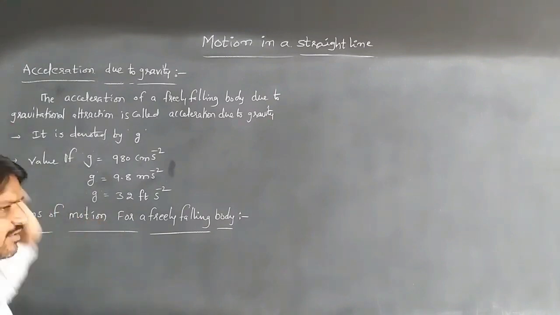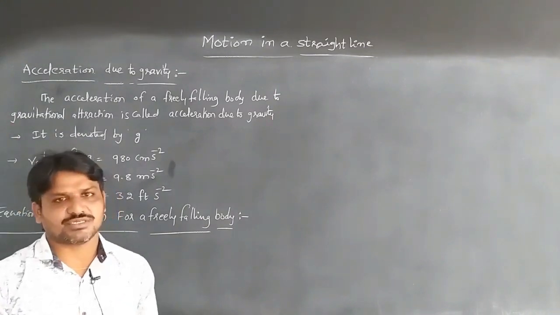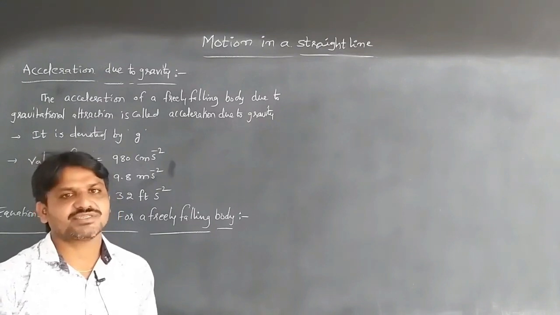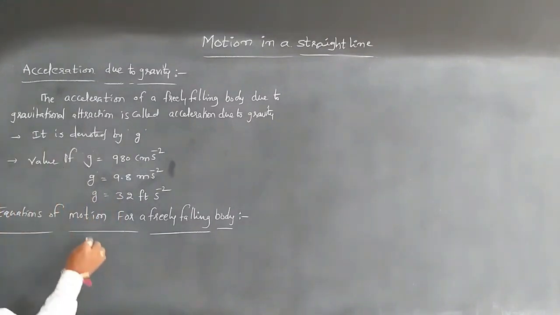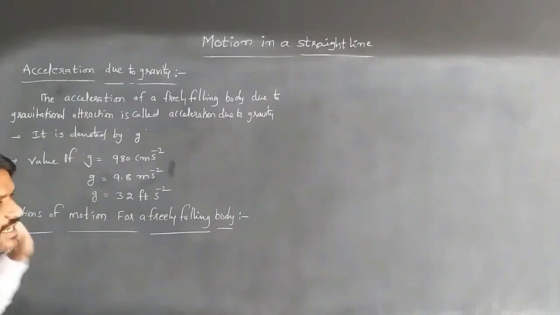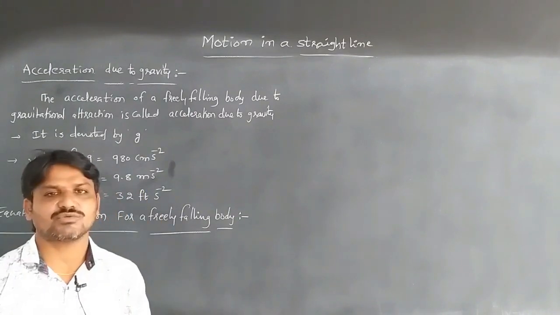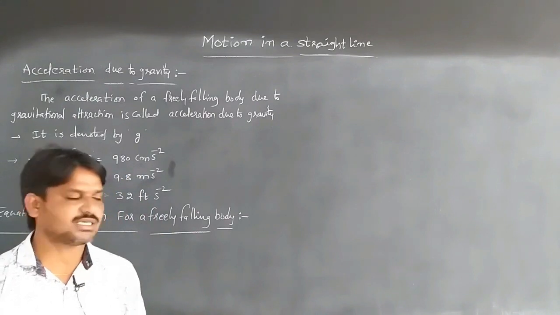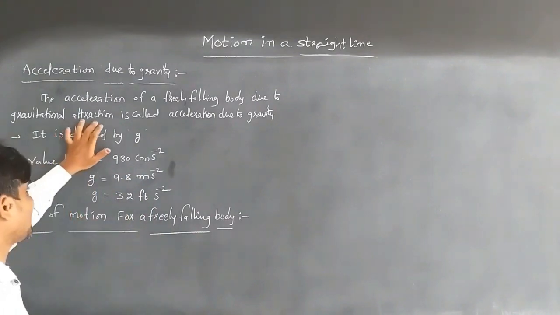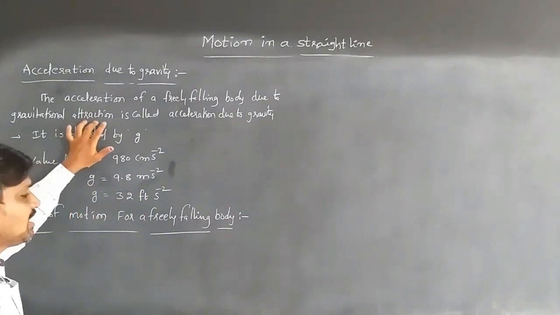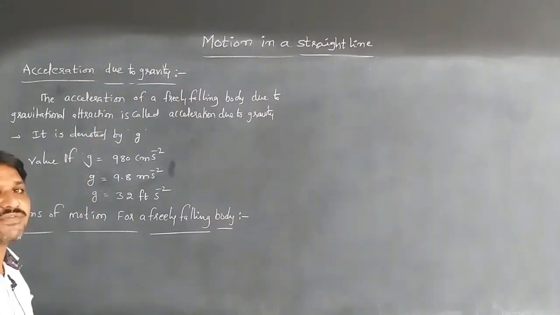We have derived the equations of motion. In these equations, the body is in motion from a certain height, moving vertically downwards due to the gravitational attraction of the earth, and that fall is called a free fall.